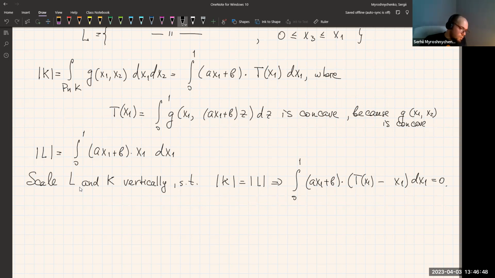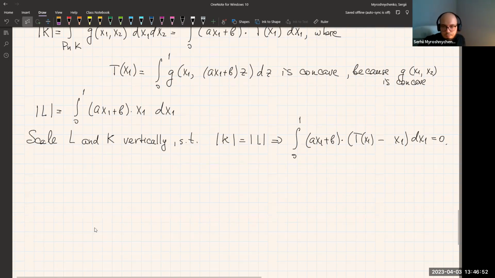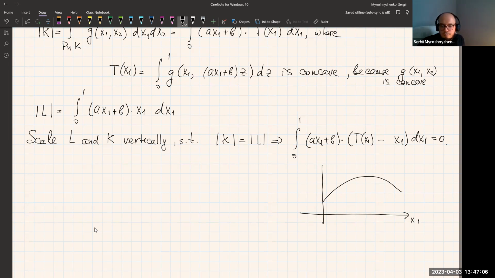Okay, so this is 0. And now we just need to handle the first moment. So the picture will be like this. Our t, this is our x1, our t is going to be a concave function. And x1 is just a line.